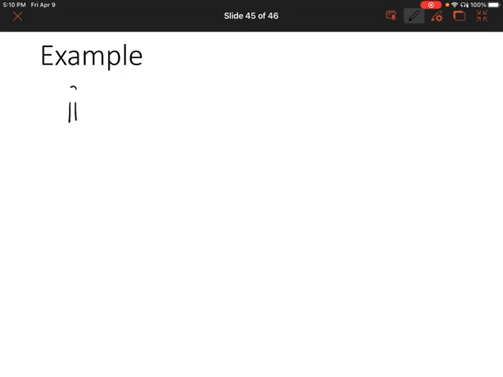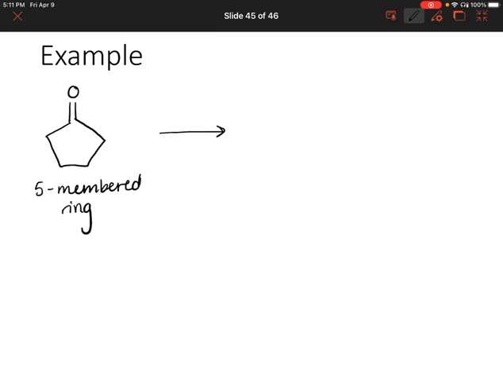So what if we have a ring system? Let's say we're starting with a 5-membered ring and we add our peroxy acid. What do you expect the product to be? This one's kind of tricky.